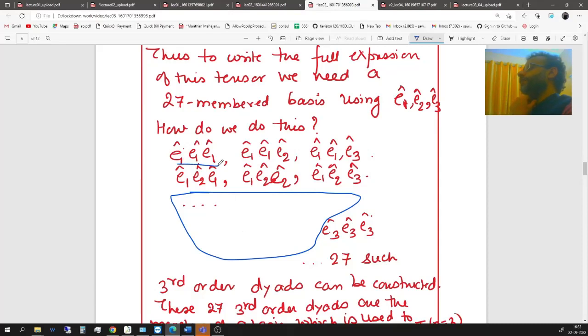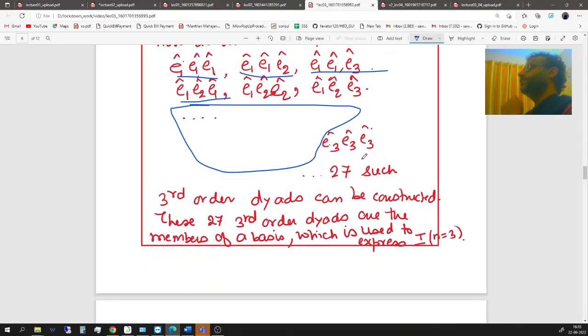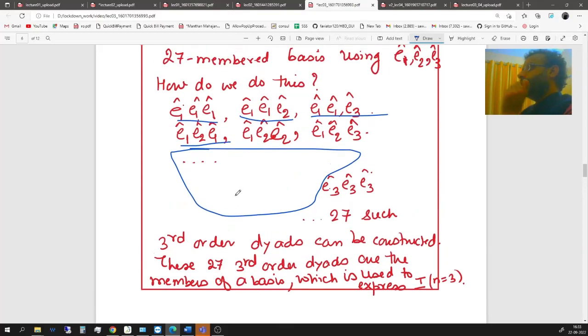So I have E1 E1 E1, first member, E1 E1 E2, second member, E1 E1 E3, third member, E1 E2 E1, and so on, all the way to E3 E3 E3. Earlier, when I had 2 unit vectors standing next to each other, I called them dyads. Unfortunately, I do not have a special name for this new entity that we have created for ourselves.